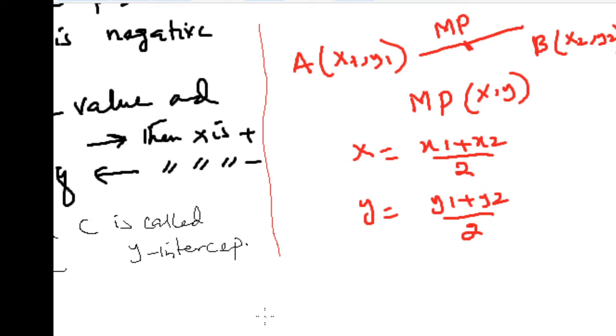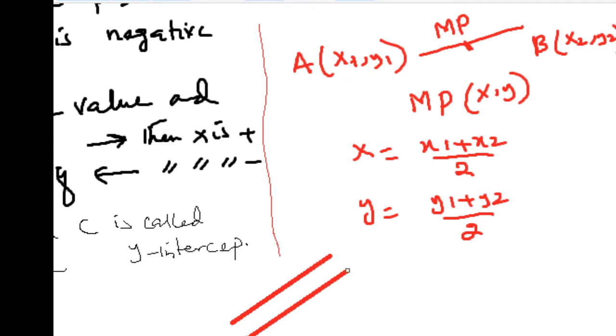Okay, so the last thing I want to tell you is about two lines. See, these two lines, this line and this line, they are not equal, sorry, they are parallel lines.